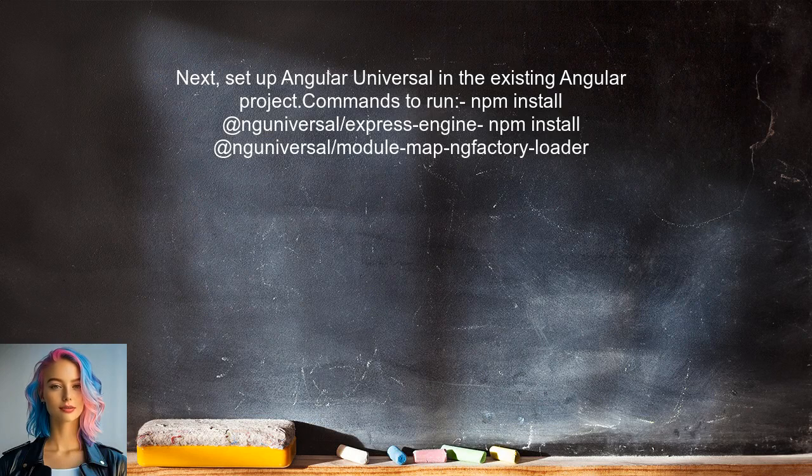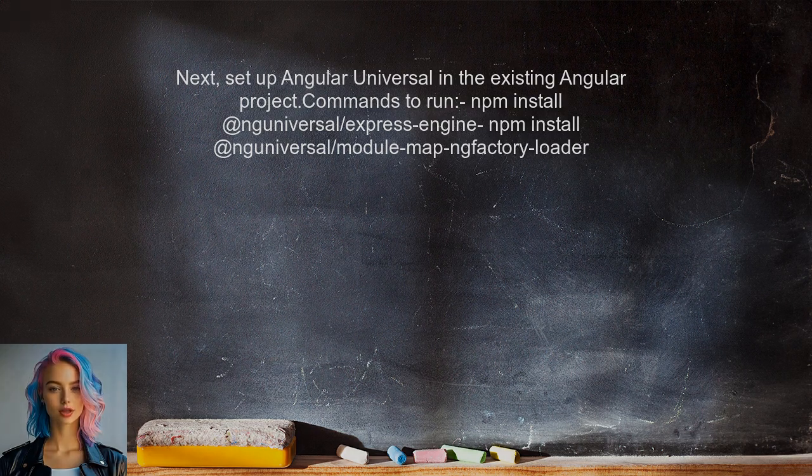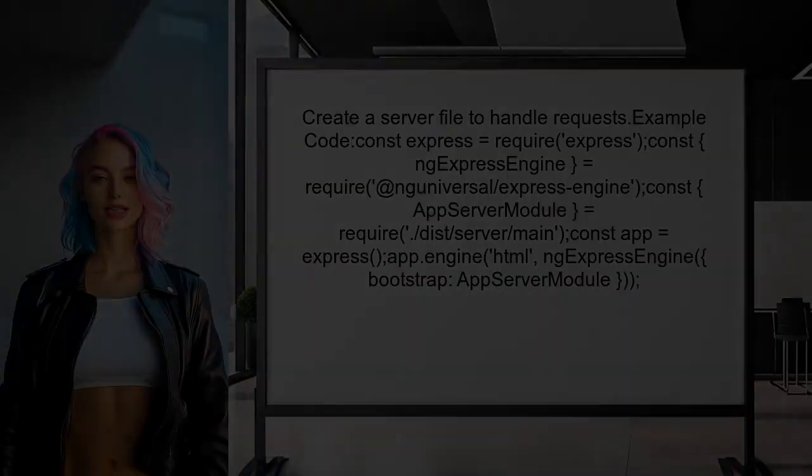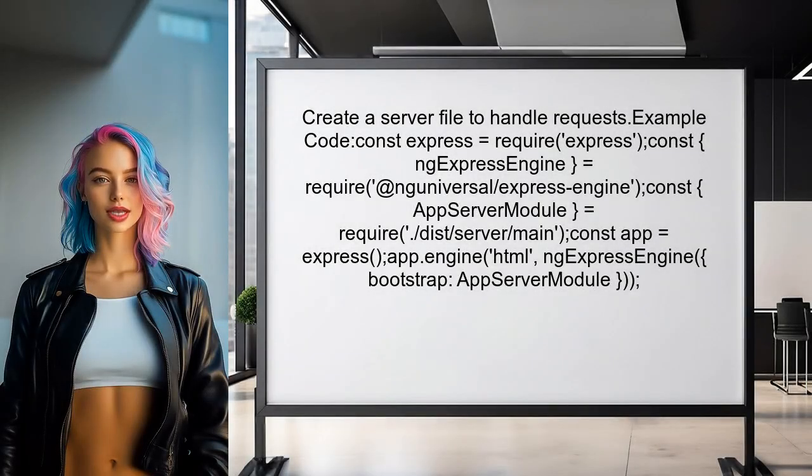This involves installing the necessary packages and configuring the application for server-side rendering. After installing the packages, the user should create a server file that will handle requests and serve the pre-rendered pages. This file will be the entry point for the server-side application.